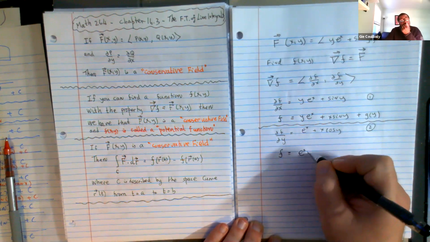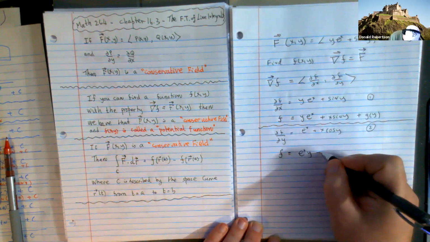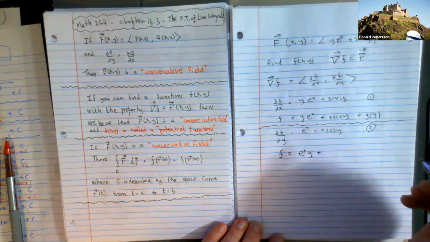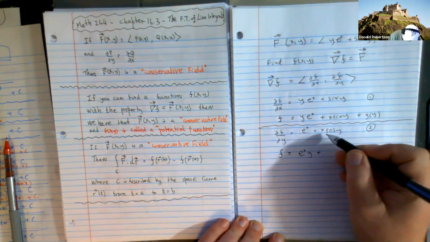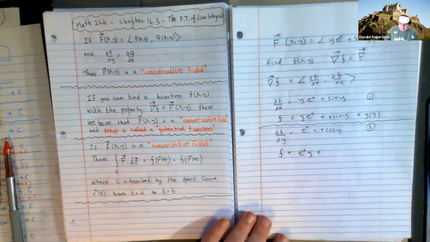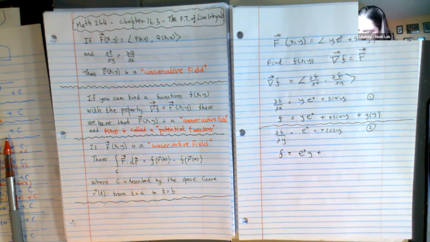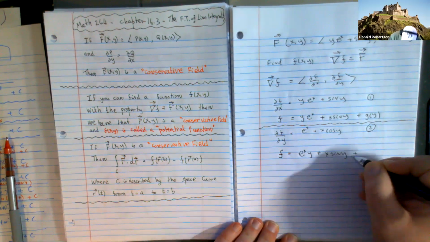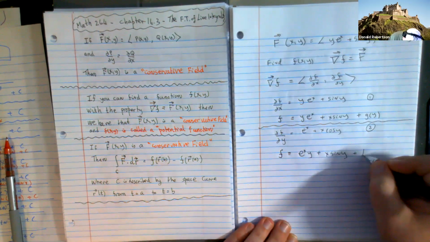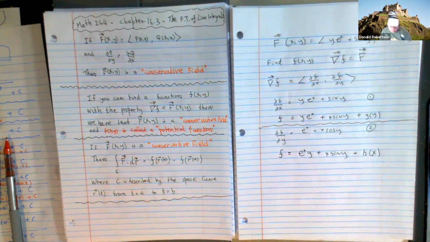Yes. It's just like 5 gets you 5y. Now, what will you get from this fella, x cosine y, when you integrate it with respect to y? X sine y. And instead of a plus c, you have a plus some function, we'll call it h of x.